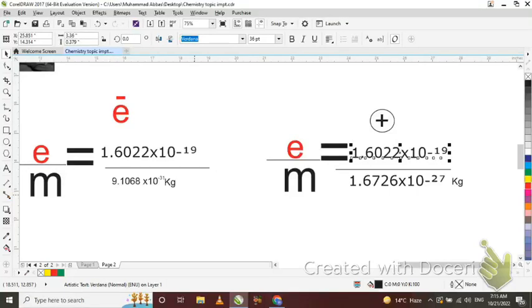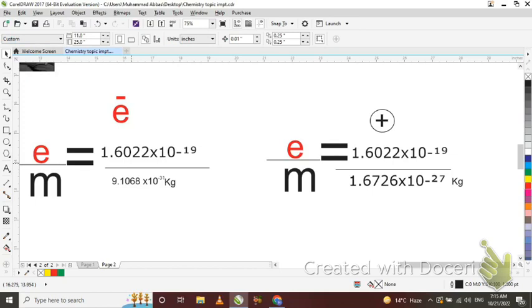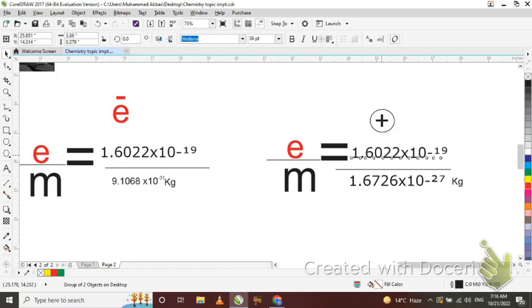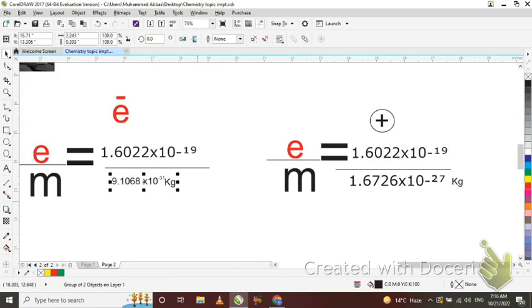Why is charge to mass ratio of electron greater than proton? If we check carefully, the magnitude of the charge of electron is equal to that of proton, but the mass of electron is less than the mass of proton.